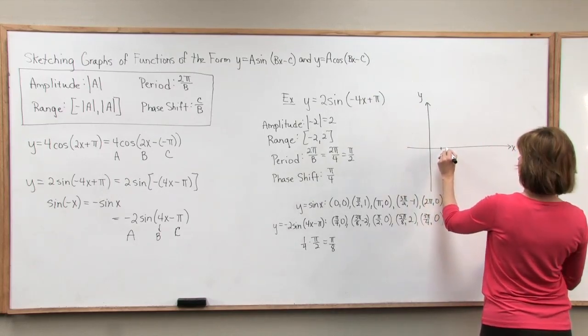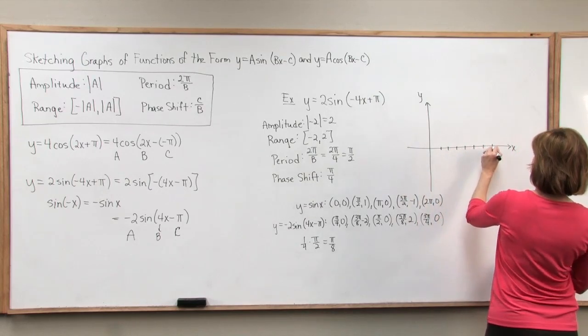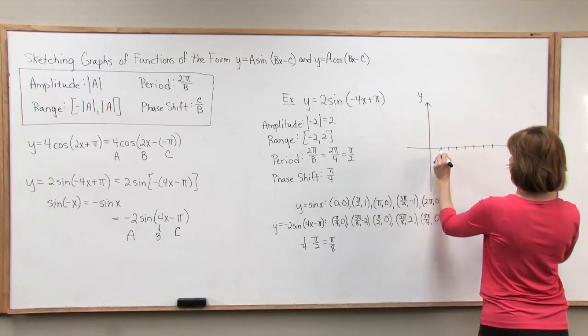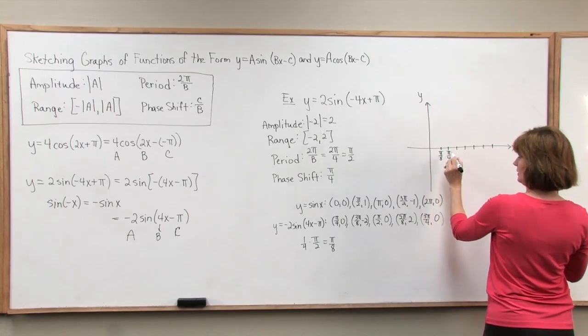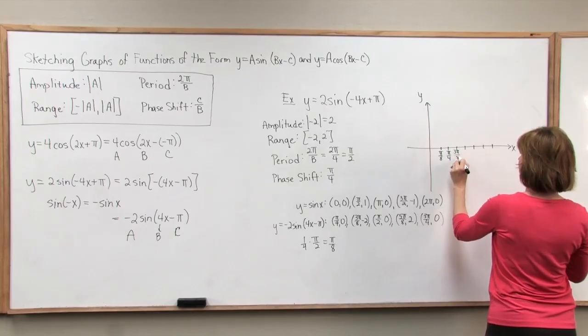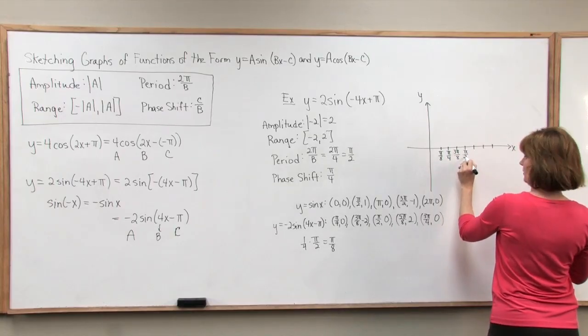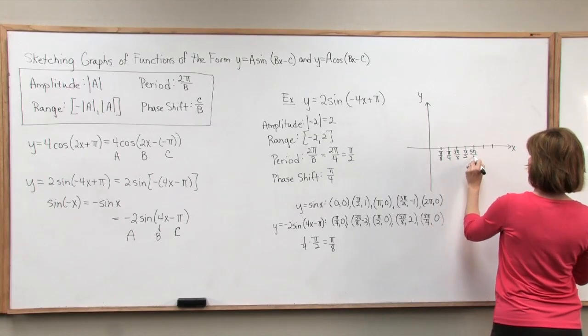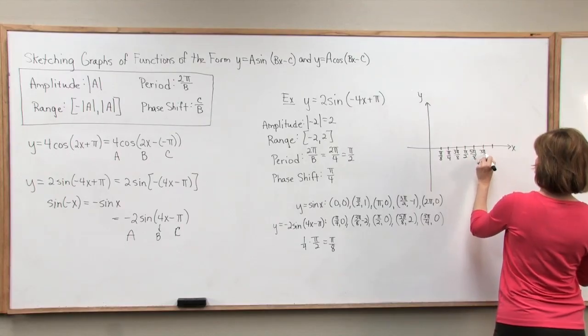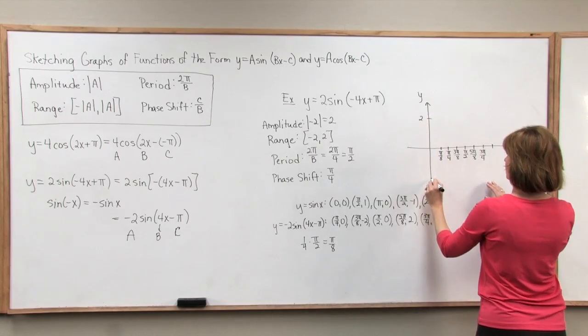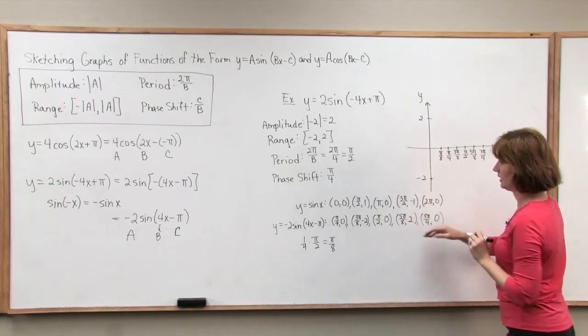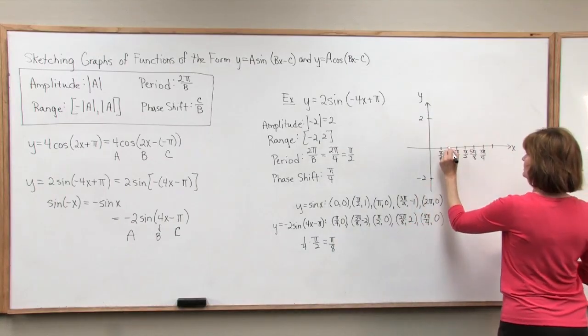Let's see. Let's make this pi over 8. So pi over 4 here. 3 pi over 8. Pi over 2. And 3 pi over 4. Okay, so our first point, pi over 4 is 0.